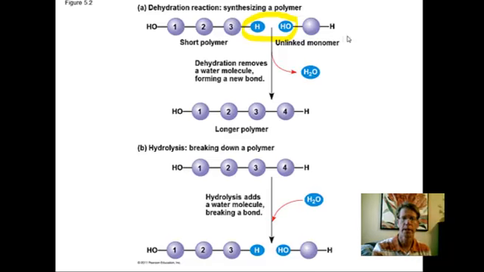We could put any number of molecules together, but the key is on one end of the molecule we have a hydrogen that we're going to be linking to a hydroxide on the other end of our other molecule. And in doing so, this hydrogen and this hydroxide are going to come together and they're going to form our water molecule.